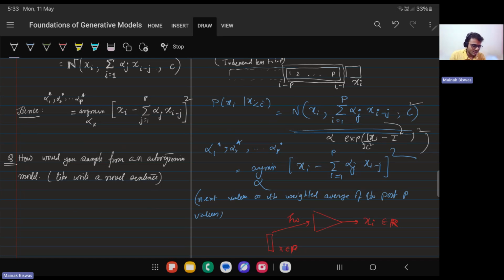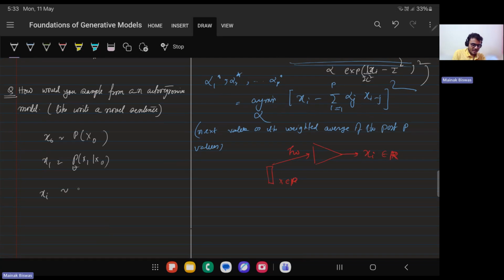Now, how would you sample? Sampling is again very simple. X0 is sampled from the distribution P of X0, which could have say K values, and then X1 would be sampled from P of X1 given X0, and Xi would be sampled from P theta of Xi given the previous values.